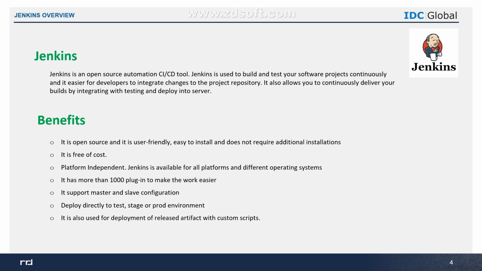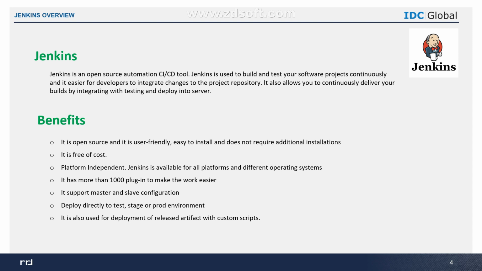Nowadays there are a lot of tools available in the market, and with the help of these DevOps tools, we are going to automate. With the help of these tools we can easily integrate, easily trigger the build, and get results very fast.